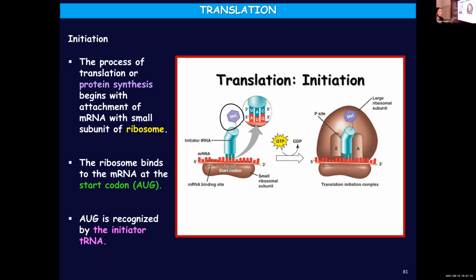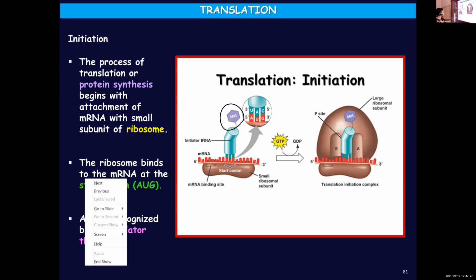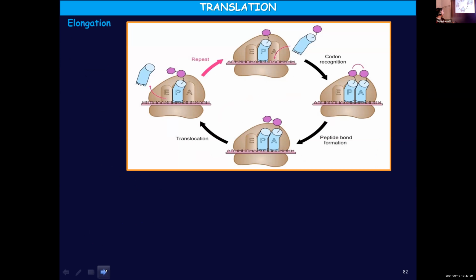So to begin with, the initiator transfer RNA is getting attached to the P site.